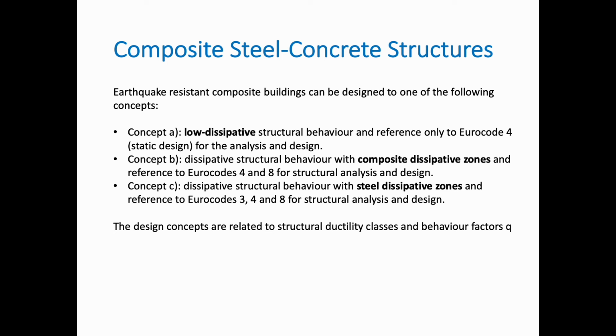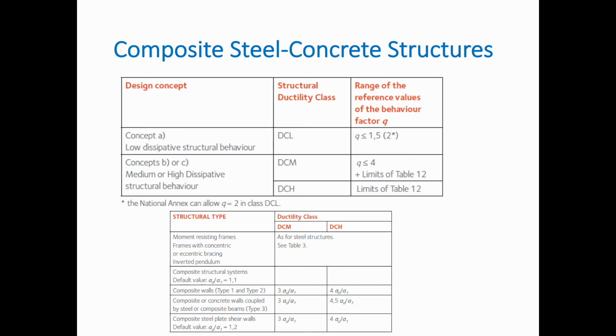The design concepts are related to structural ductility classes and the behavior factors q. And for these we have another set of tables for the different concepts. Of course, concept A is the low dissipative DCL, and the q is smaller than or equal to 1.5.